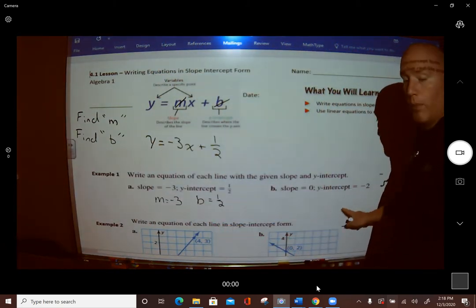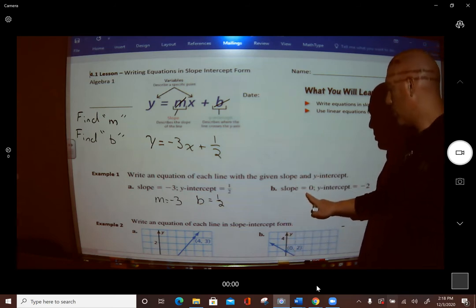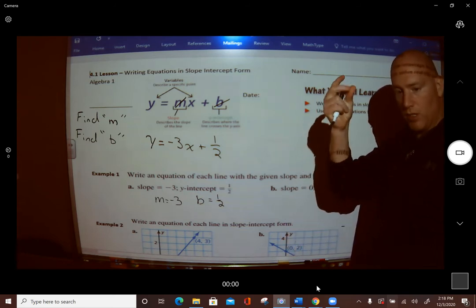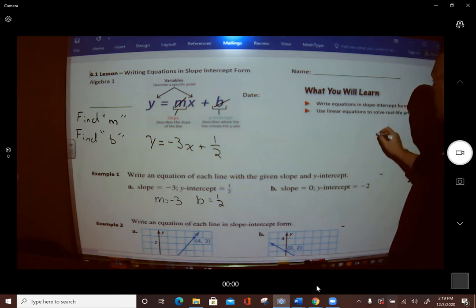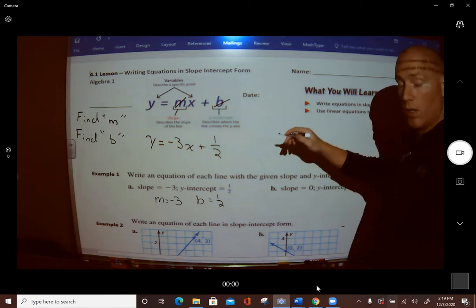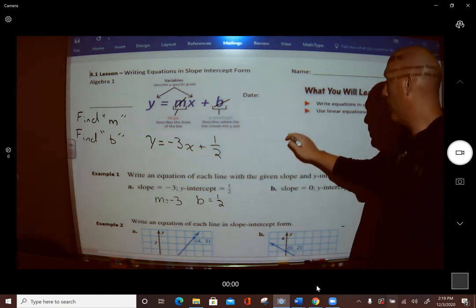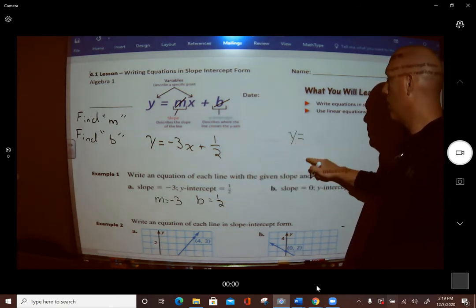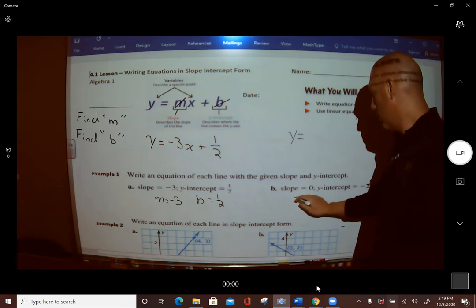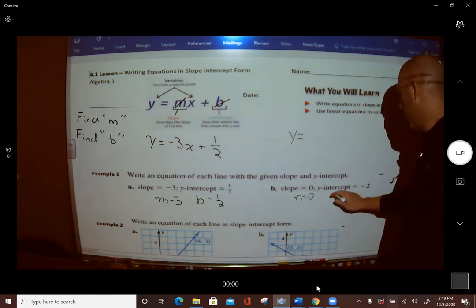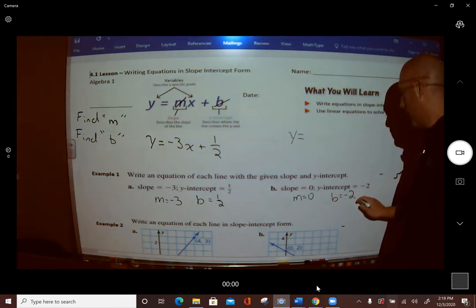This one looks a little bit different, but hopefully you remember, they told me my slope is 0. Something should be going off immediately when you hear a slope of 0, horizontal. But we can also just follow the same pattern we did. So y equals our m is 0, our b is -2.